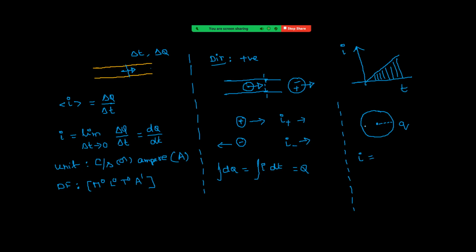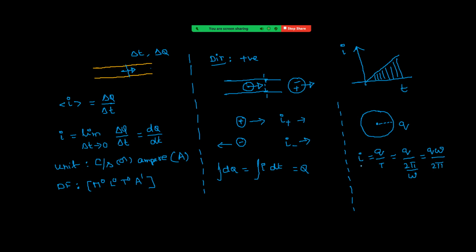Here charge is flowing, so because of this charge, what is the equivalent electric current? Since the speed is constant, I take q by delta t, where the time taken to complete one revolution is T. So it is equal to q by T, which is 2 pi upon omega. So it equals q omega by 2 pi.